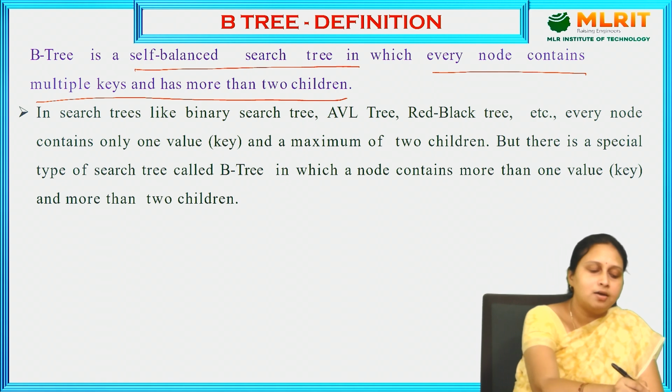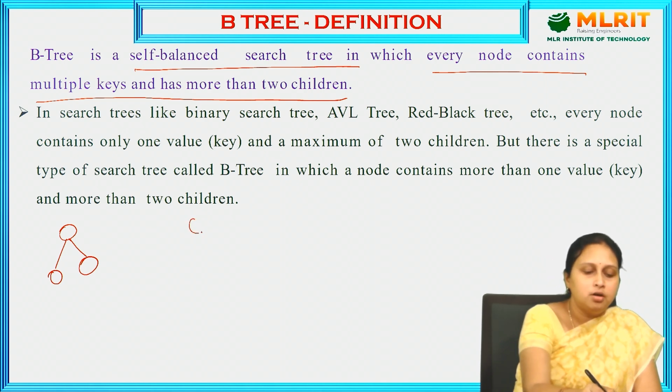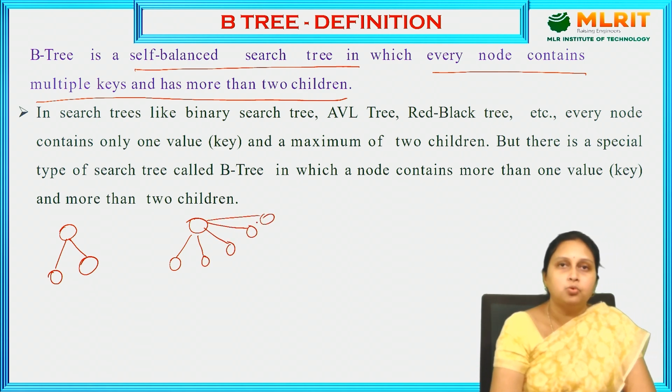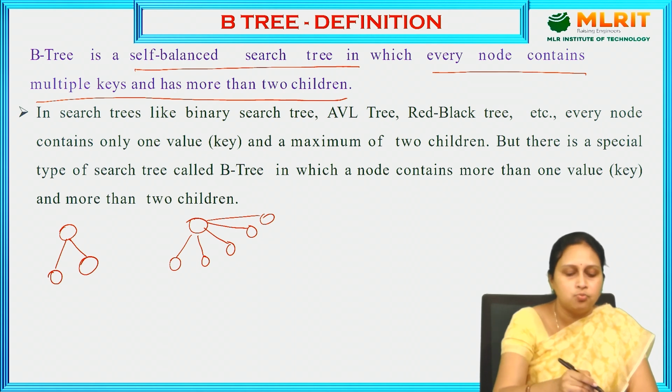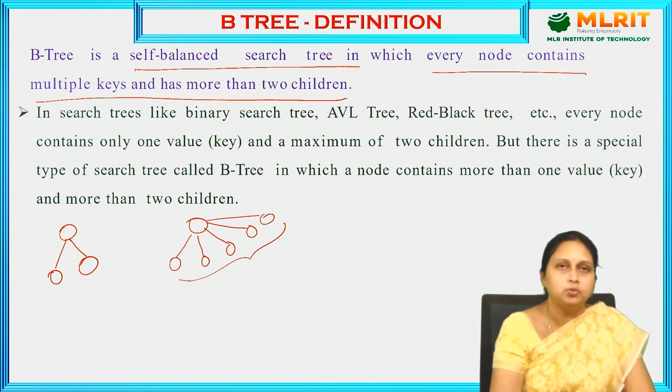Up to now we have seen a binary tree. A binary tree has only 2 children. But here in a B tree, a node consists of many children like this. More than 2 children, okay, and multiple keys also. Every node contains multiple keys and has more than 2 children.